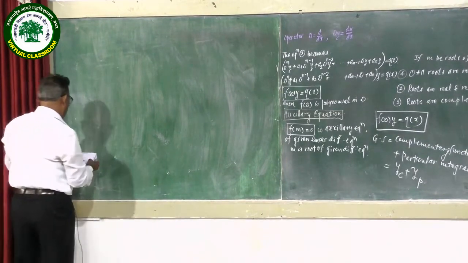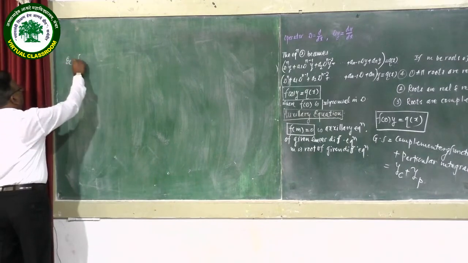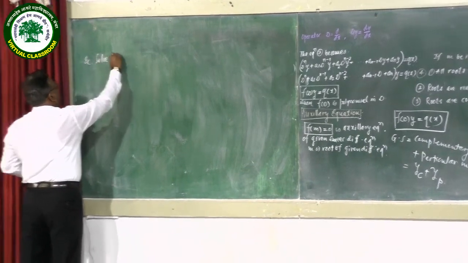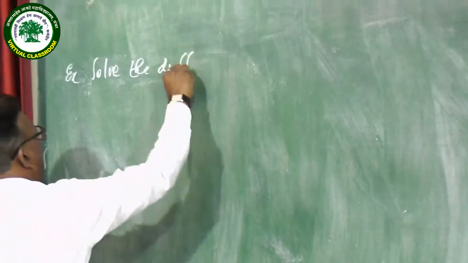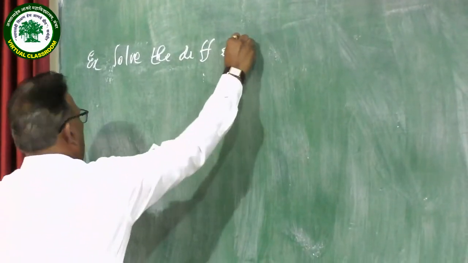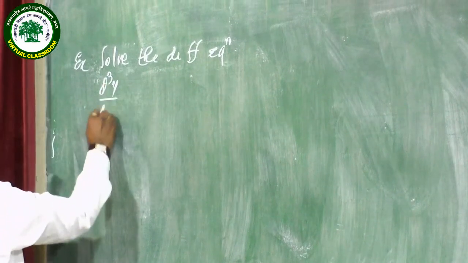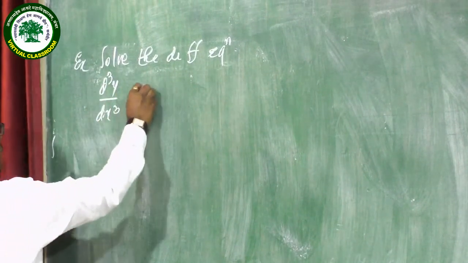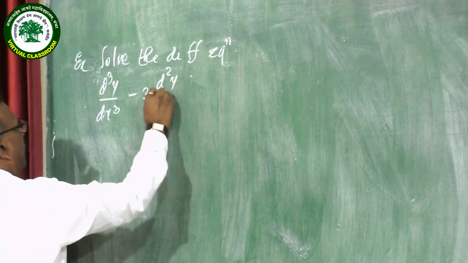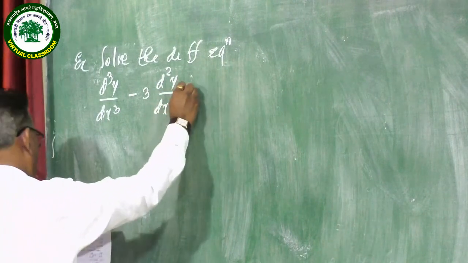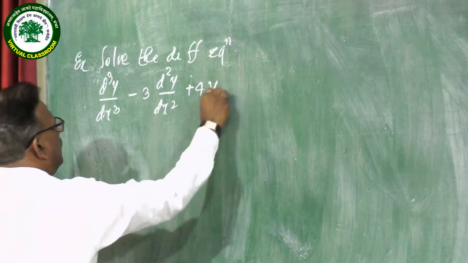Solve the differential equation d cube y by dx cube minus 3 d square y by dx square plus 4y is equal to 0.